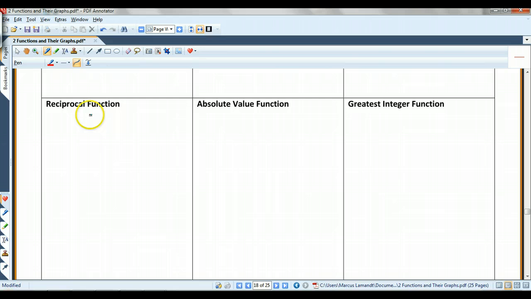Reciprocal function, y equals 1 over x, and absolute value function, y equals absolute value of x. And the integer function, alright, this one, I'm curious to see how many of you guys will figure out how to do this on your calculator. Y equals integer x. Okay, I would like you guys to figure out these 8.